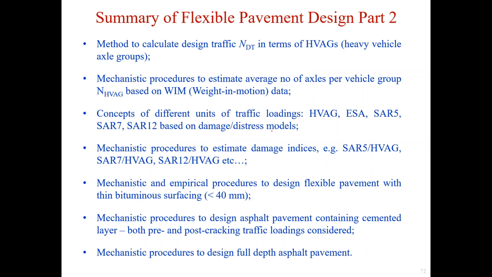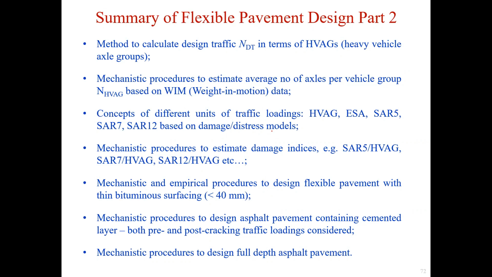Now it is the summary of this lecture. We have learned the method to calculate the design traffic NDT in terms of HVAGs using equation 14. Then the mechanistic procedure to estimate the average number of axles per vehicle group and HVAG from WIM, weight in motion data, based on the sum of the proportion of steer axles, SAST and TAST.